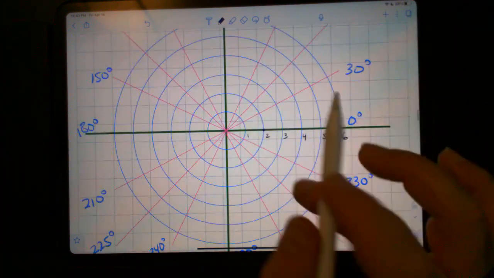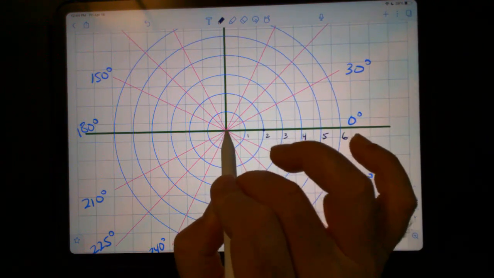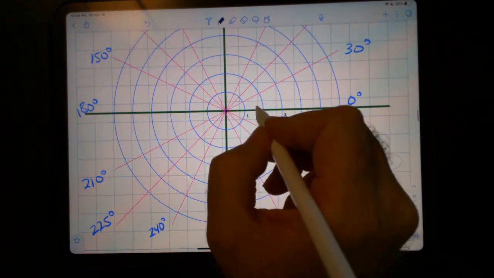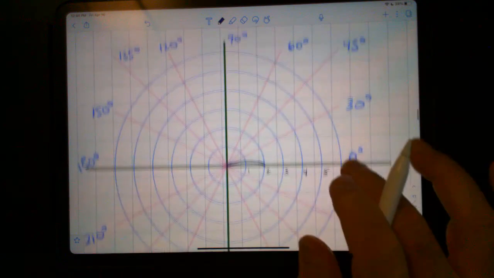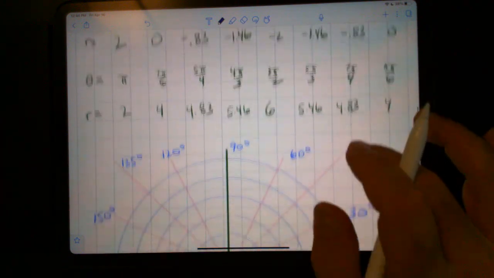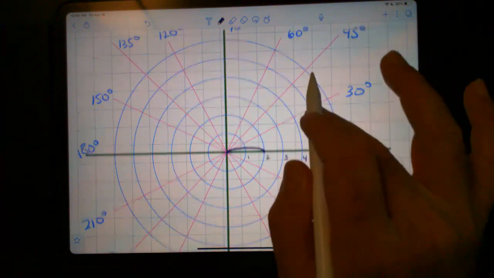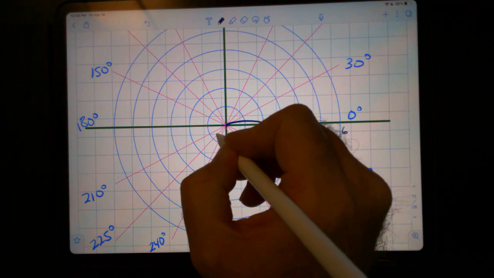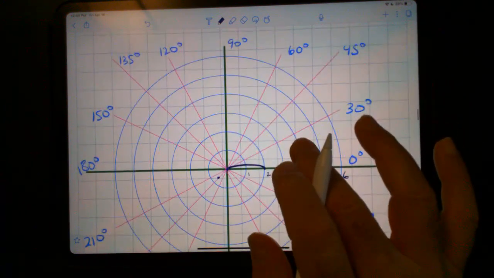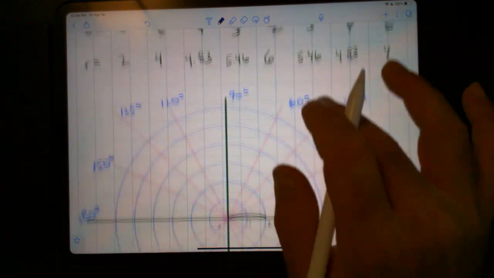Theta is pi over 6, r is 0. Better pencil this in now, just going to kind of curve in. Pi over 4 is negative 0.83. Pi over 3, negative 1.46.